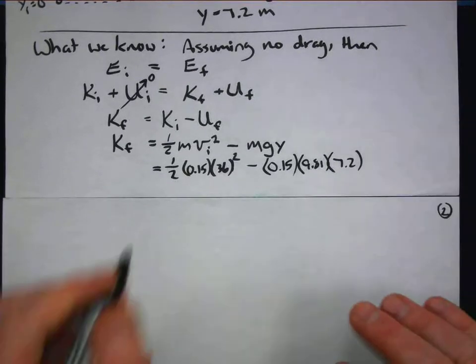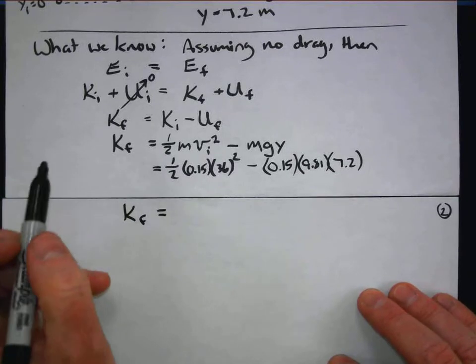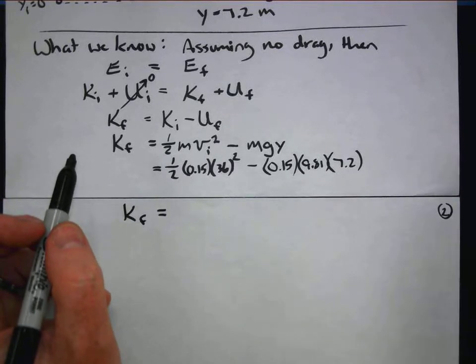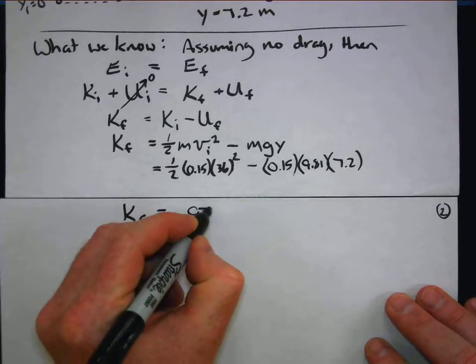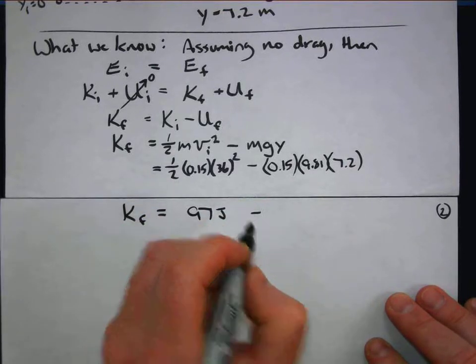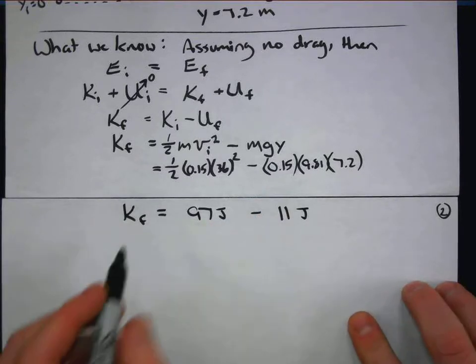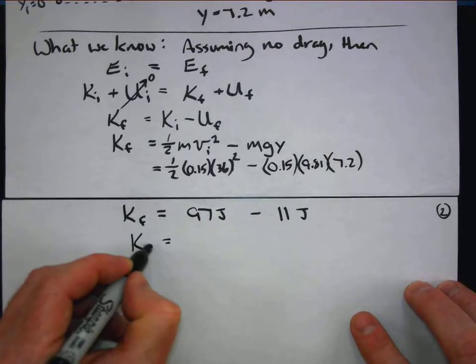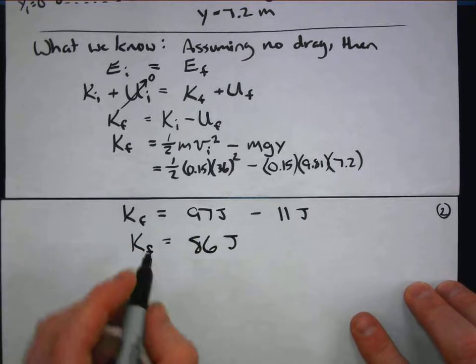So we're on page 2 now. And we're getting a value for this final kinetic energy of, well, if I look at the two terms, I get 97 joules of energy, take away 11 joules of energy, accounting for some rounding. So the final kinetic energy ends up being 86 joules.